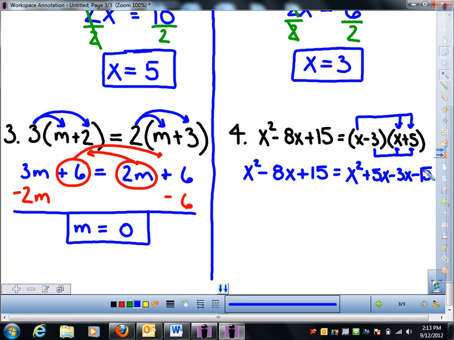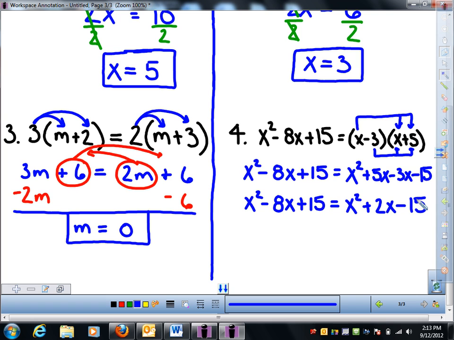Now, before I start doing my wrap, I'm going to put my like terms together. So on the left-hand side, I still have my x squared minus 8x plus 15 equals. On the right-hand side, I now have an x squared, a plus 2x, and a minus 15.